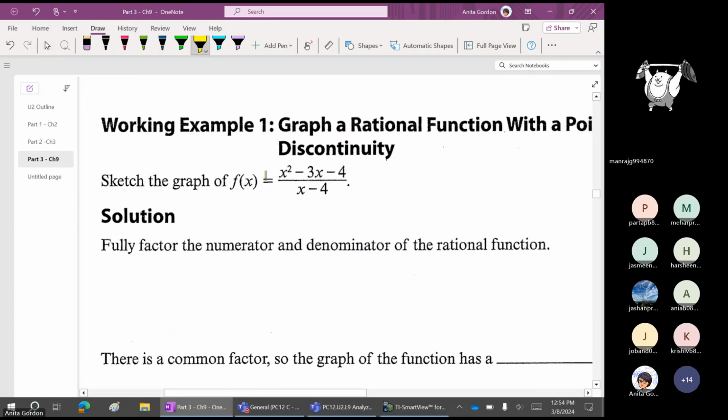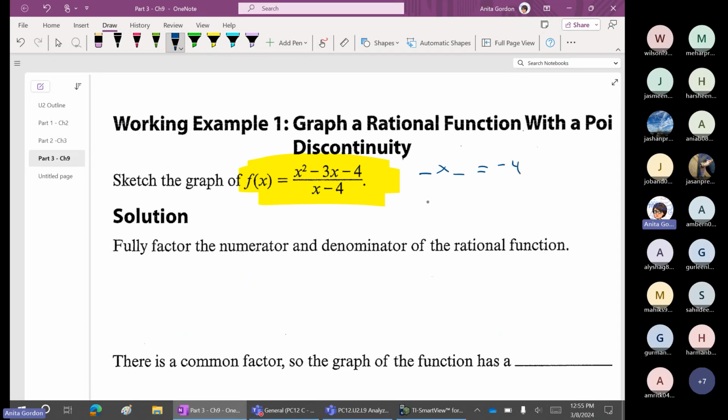Okay, we are given this function. I know this is rational because there's a polynomial in the numerator and in the denominator. I need to be able to factor it to see if I can cancel any common terms. So I need two numbers that will multiply to -4 and add to -3.